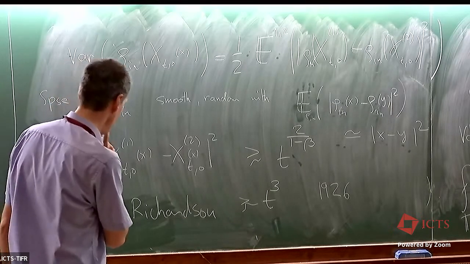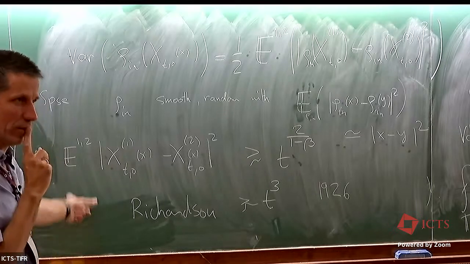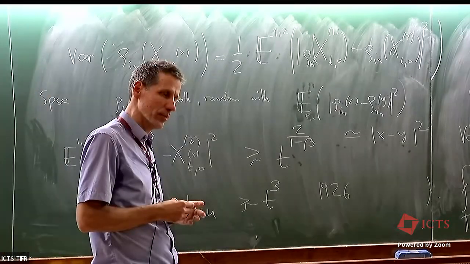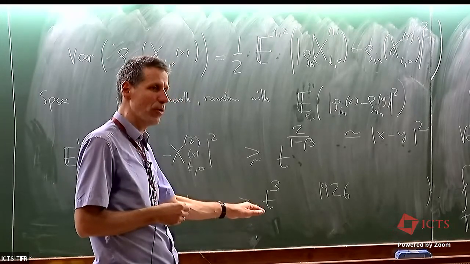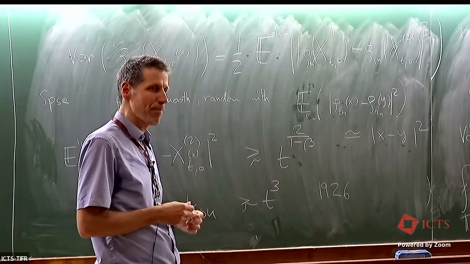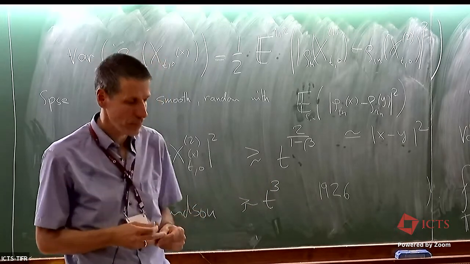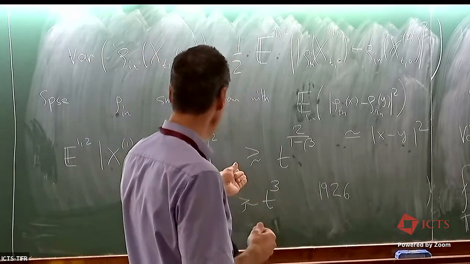Because it's t cubed, it's very small, t is small. If it's a smooth velocity field, then you don't expect this.